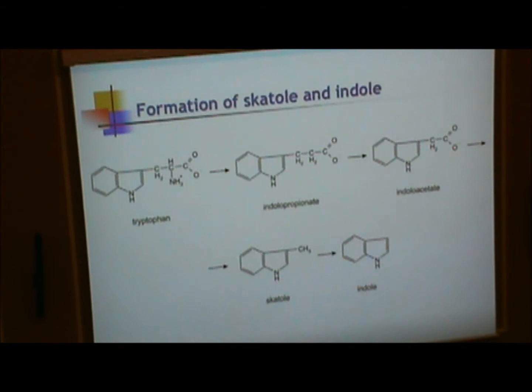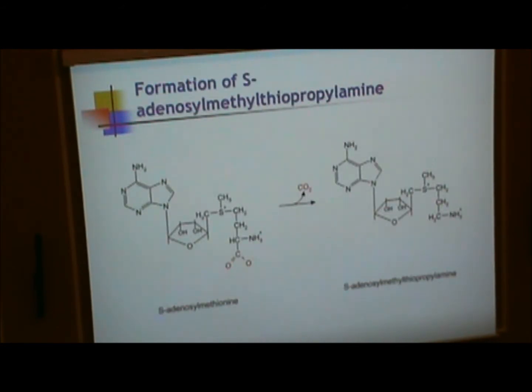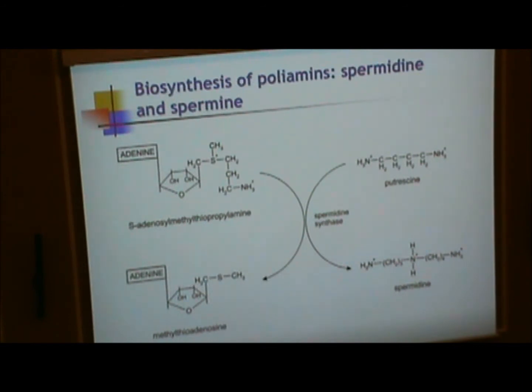The next biologically active substances produced from amino acids are spermine and spermidine.